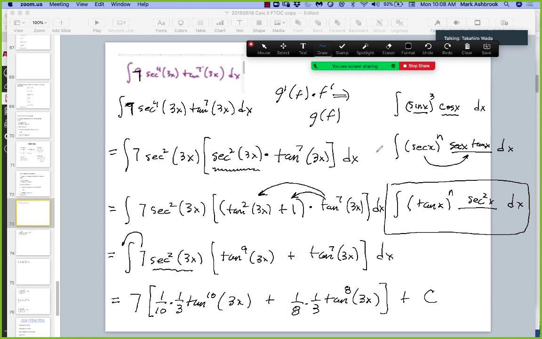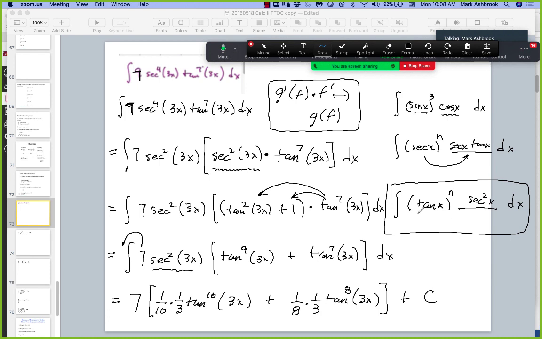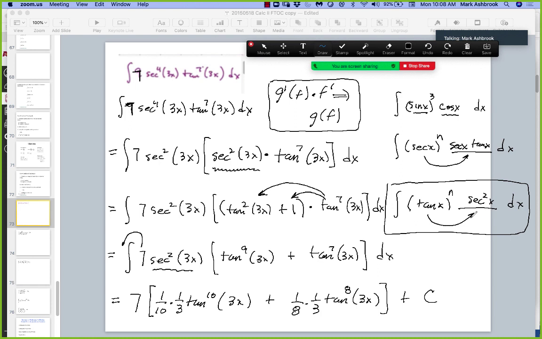Oh, I see. Okay, thank you. Yep. So the secant squared was the f prime. That's the whole point, that we're going to get any powers of tangent that we want with a secant squared. There's our f prime. And then when you do undoing the chain rule, just like we've done it the last week, the f prime goes away. You're saying that the g prime would be tangent 3x to the 9th?